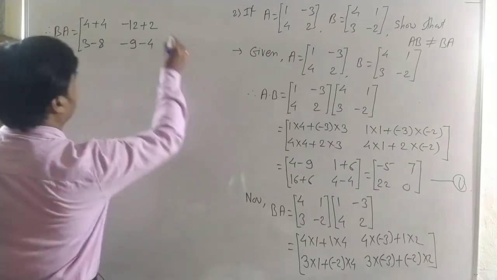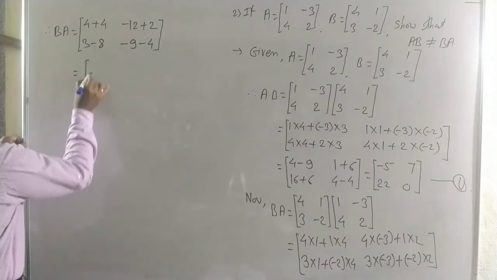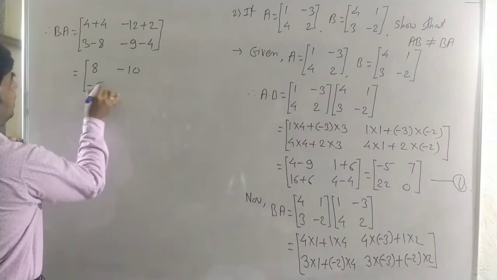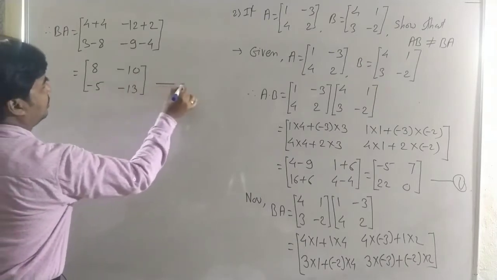This gives 8, minus 10, minus 5, minus 13. This is equation number 2.